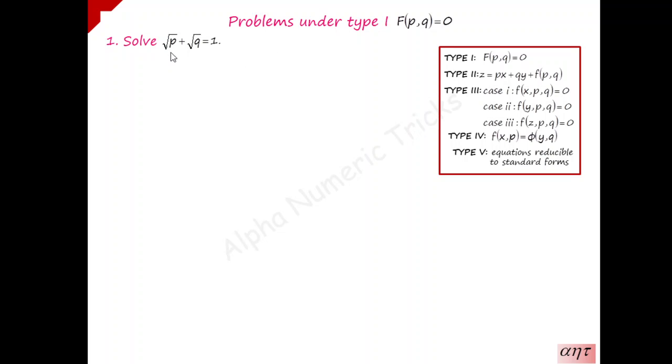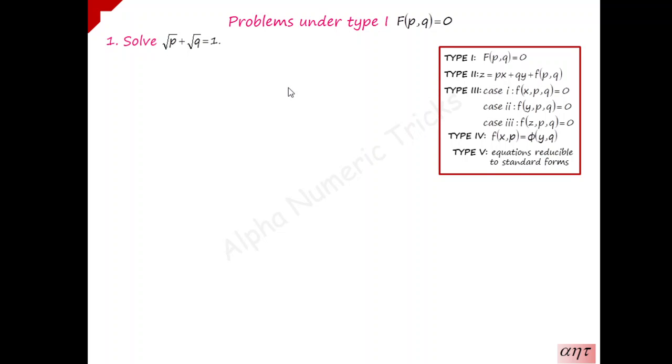So we have to check which type this problem comes under. Here p and q are present in your problem, and in the first type we have only p and q terms. So this problem comes under f of p comma q is equal to 0. In this video we can easily say that this is the first type because the heading is given.